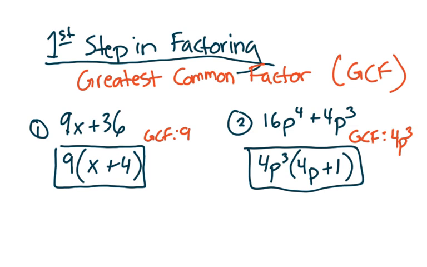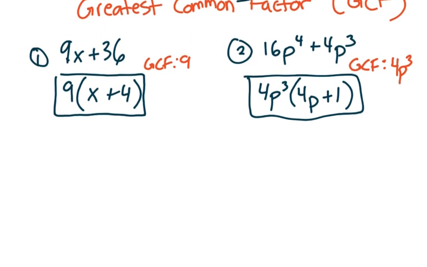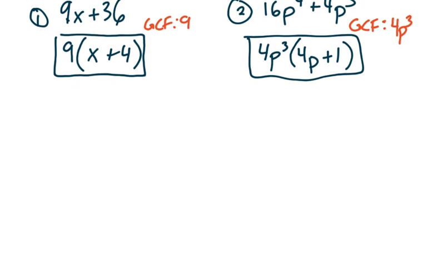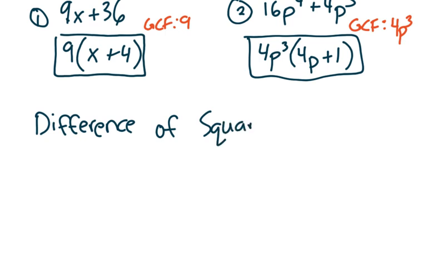Next, depending on what the problem looks like, is the next method of factoring you're going to use. So our next method of factoring is what we call difference of squares. And you are going to use this method whenever you are subtracting two perfect squares.